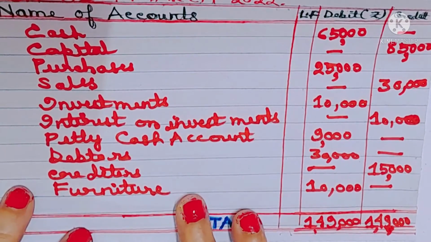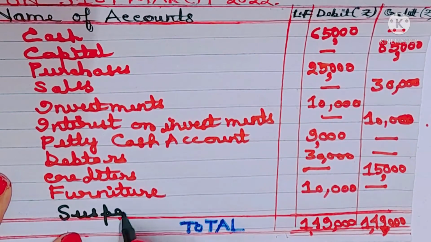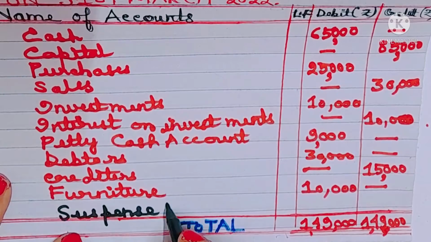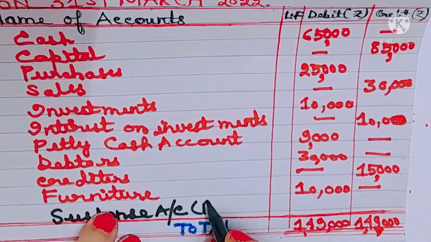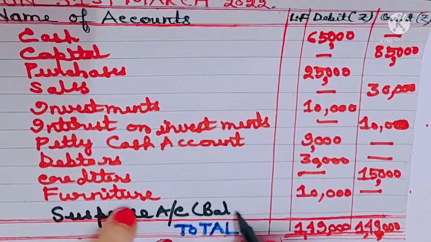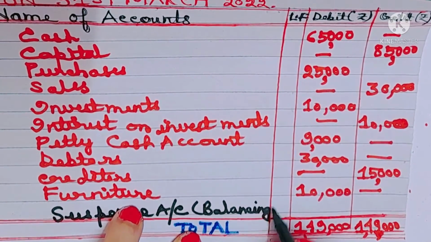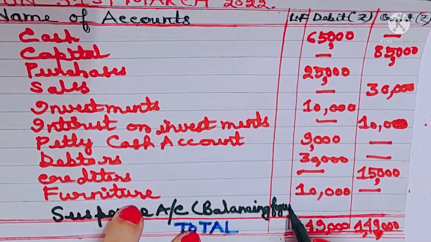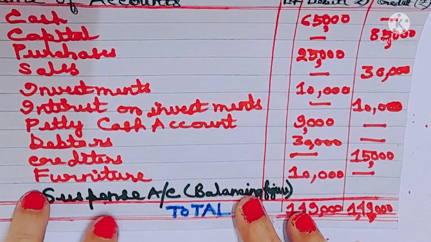Okay, so let's write suspense account, balancing figure. Balancing figure or short form is BALFI. So how are we getting the amount for suspense account balancing figure?